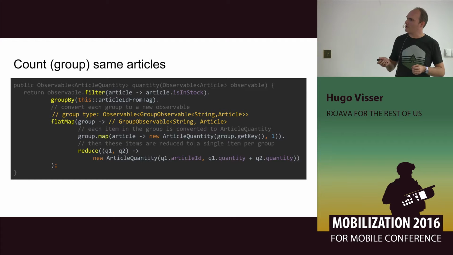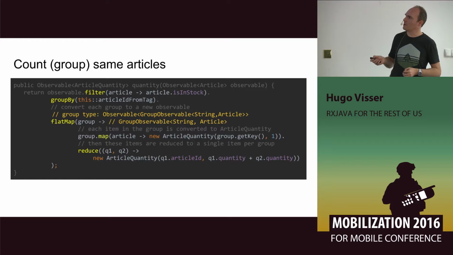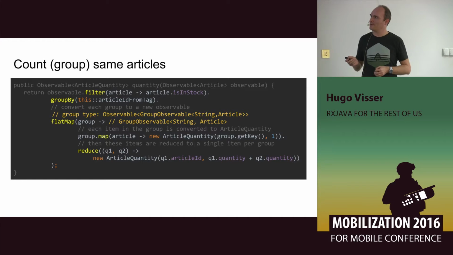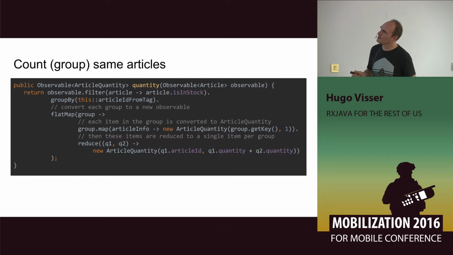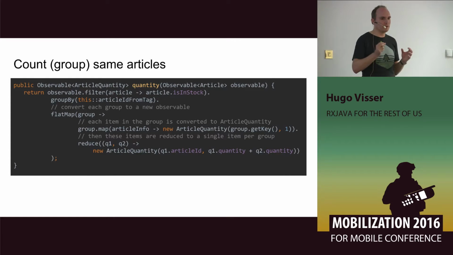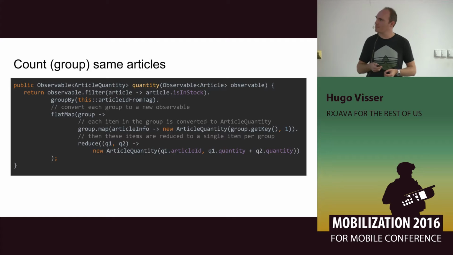So for every article quantity that I get in here, I'll just take the article ID from the first one, because I know they are the same group, and then I just sum up the quantities. So after all this work, we now have an observable that will emit an article quantity, unique per group, and will give me how many of each I have in the group.